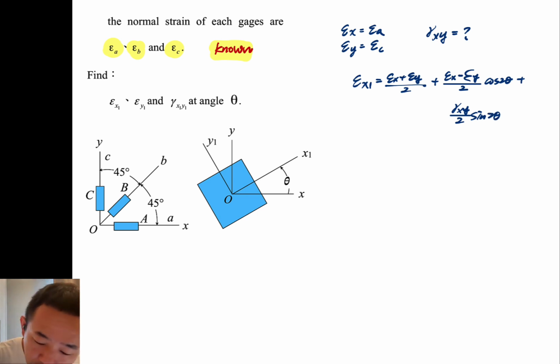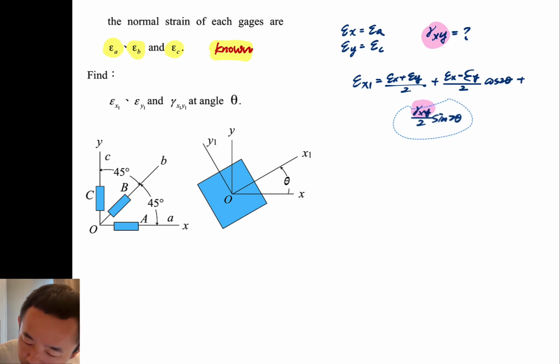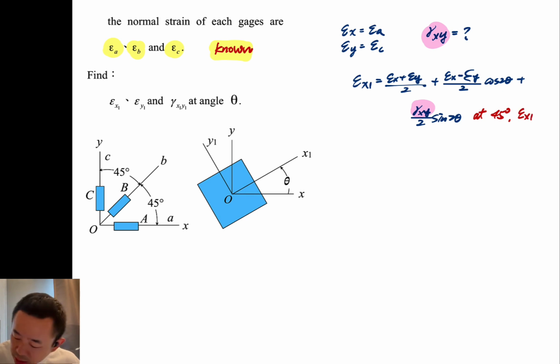Okay, so you see gamma xy is what we want, right? So you see, at 45 degrees, epsilon x1 equals epsilon b. That's the thing, right?